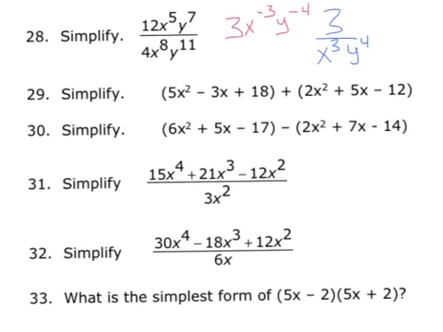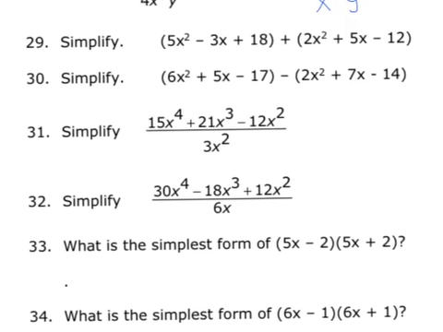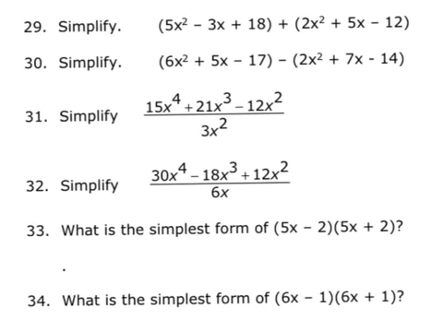29, simplify. Okay, in this problem, I don't see any multiplication or division. All I see is addition and subtraction. Okay, so I have this term minus that plus this whole thing, so there's nothing to distribute. Right, so it's just 2x squared plus 5x minus 12.